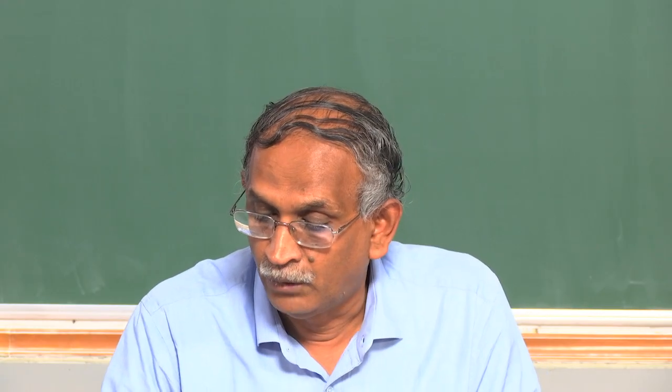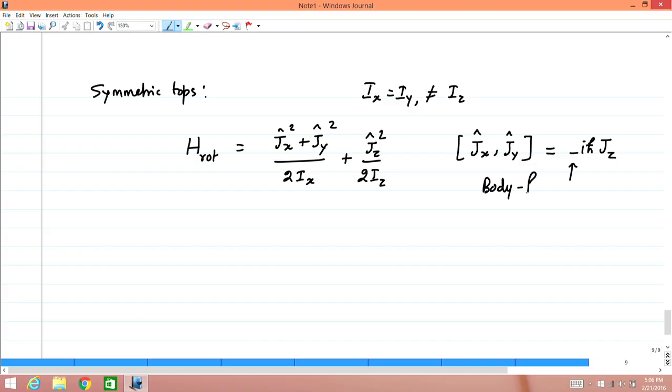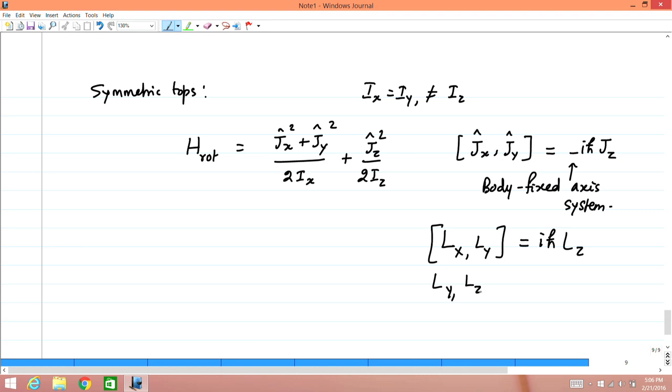So, these are called body fixed axis systems, and this is different from what you studied in the case of the hydrogen atom, where the components of the angular momentum, Lx and Ly, do not commute but give you something like that, and then correspondingly Ly, Lz give you I h bar Lx, and Lz Lx gives you I h bar Ly, and so on.